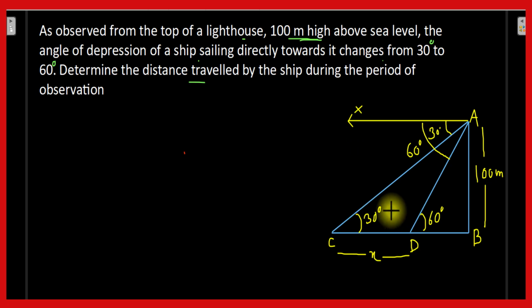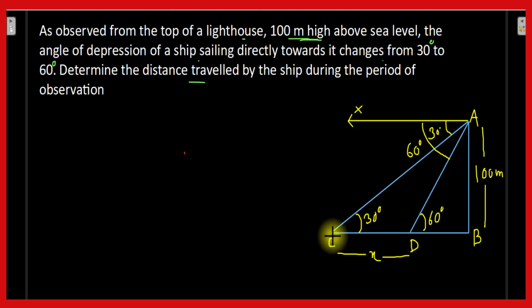Friends, in the question it is said that there is a lighthouse. Let AB be the lighthouse whose height is 100 meter, and from the top of the lighthouse someone is observing the ship.